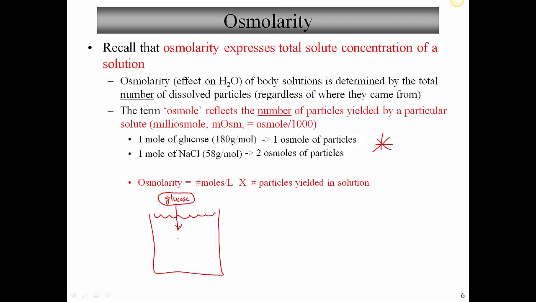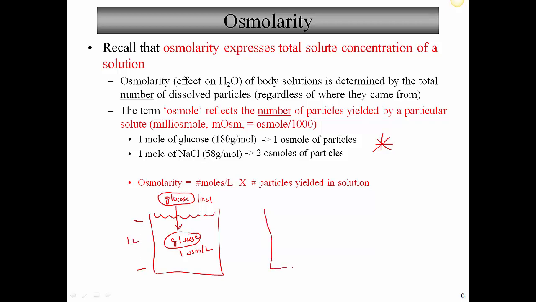And that means that when glucose goes into solution, it stays together as a glucose molecule, or as several glucose molecules, and these do not separate. So if I put 1 mole of glucose into solution, I wind up with 1 osmole per liter, if this was in fact 1 liter, as we just said.